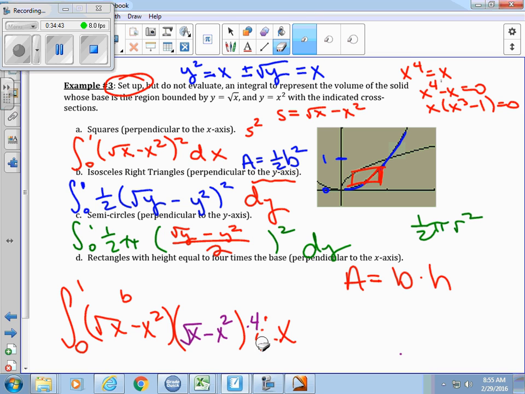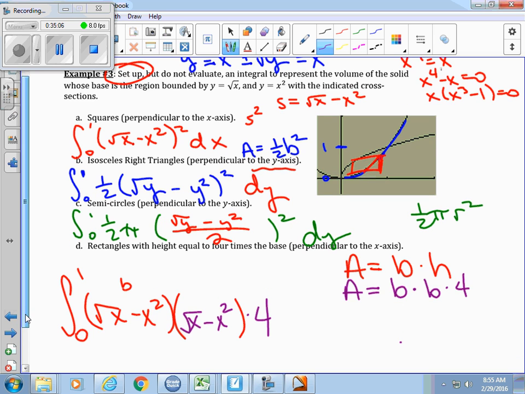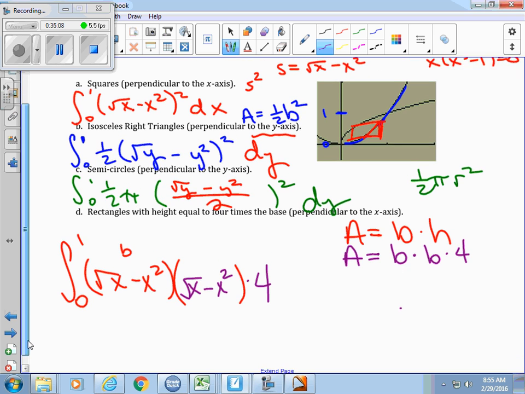Or you just do the square root of 4? In other words, what I really did is I kind of rewrote this to say, well, this is the same as base times 4. Or you could have done base squared times 4. You've got options. Any questions about that one?